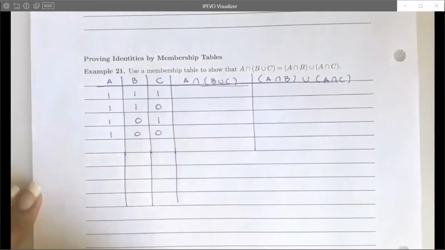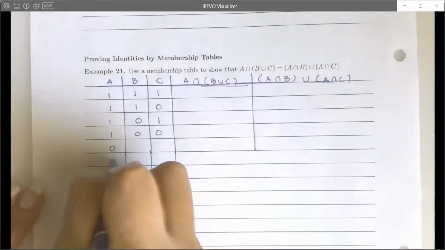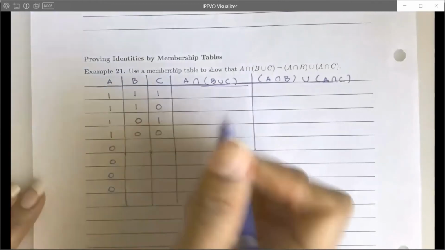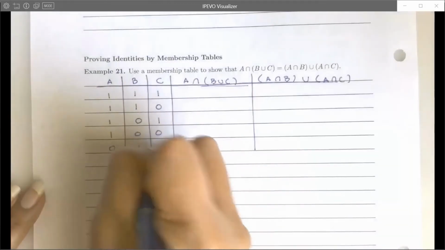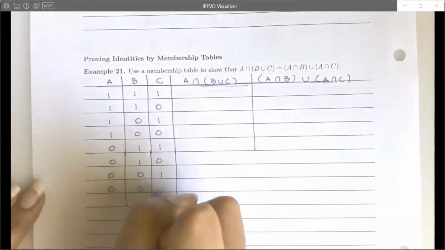And then we can repeat these combinations, but now for the element not being present in A. So we would have 1, 1, 1, 0, 0, 1, 0, 0.